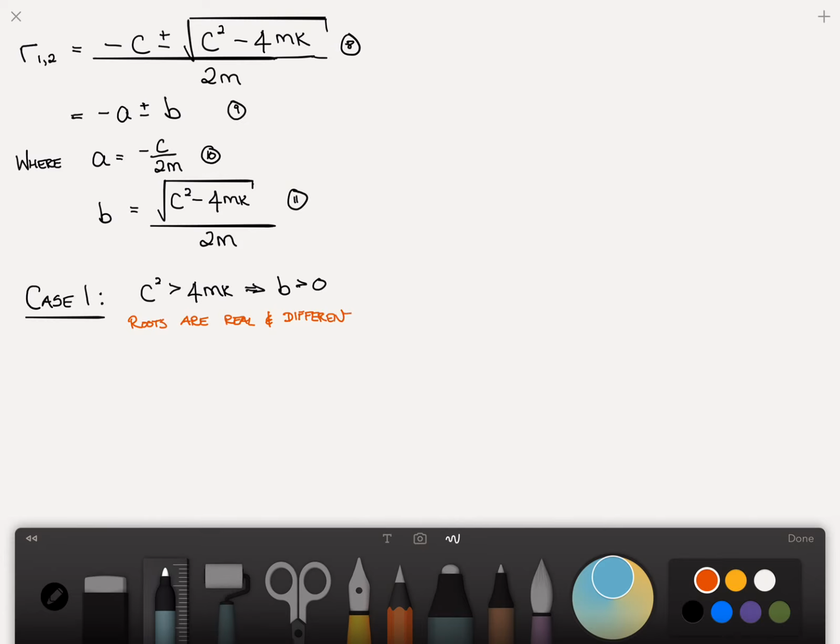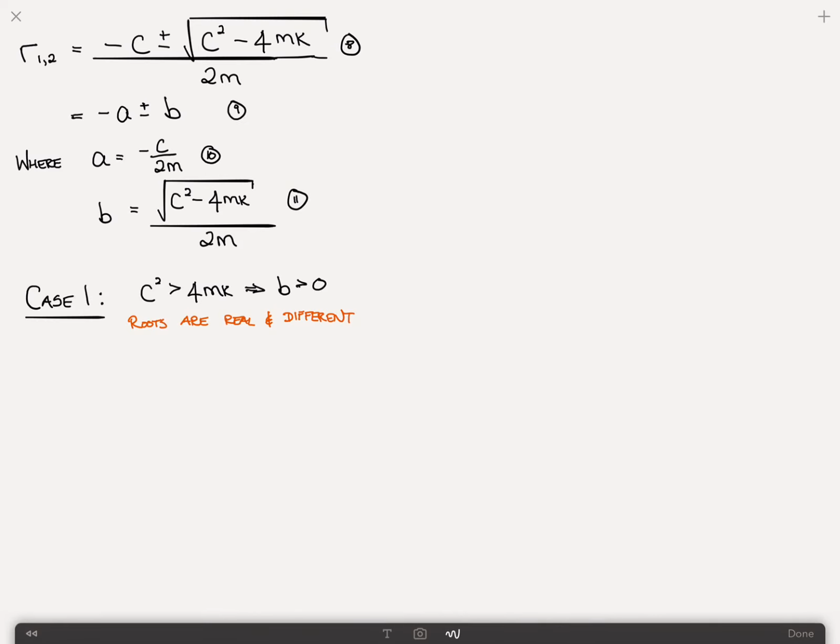And by different, we mean distinct. All right, so in this case, we can write the homogeneous solution, x sub h of t, is equal to c1 times e to the bt plus c2 times e to the minus bt.